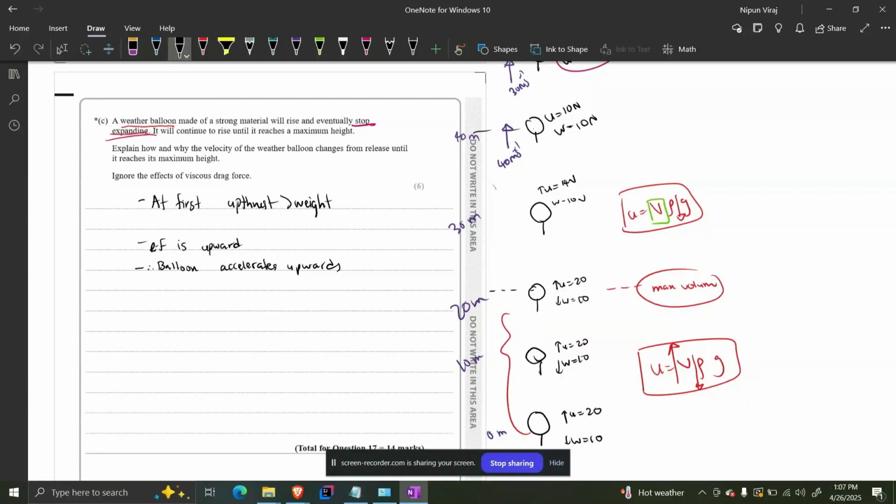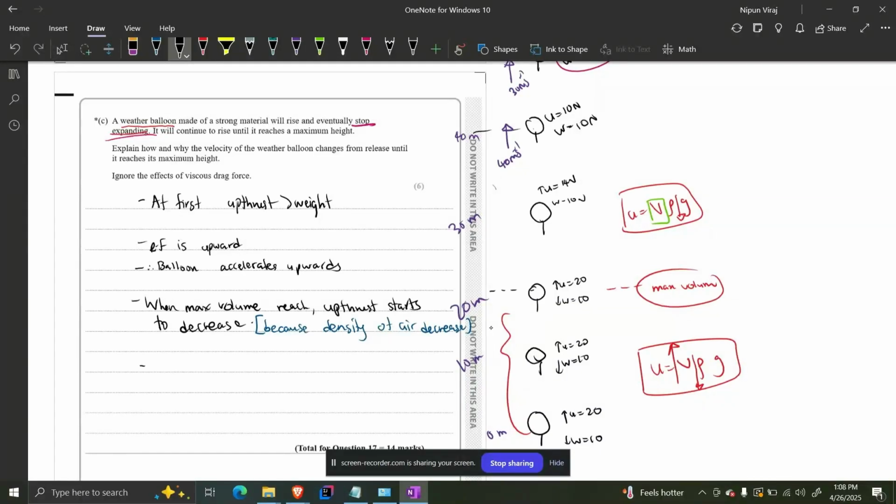Then at one point, when maximum volume is reached, upthrust starts to decrease because the density of the surrounding air decreases, so the upthrust will also decrease.